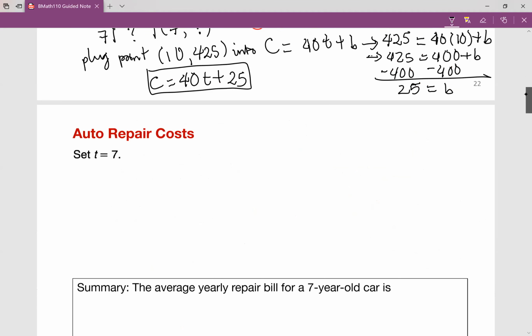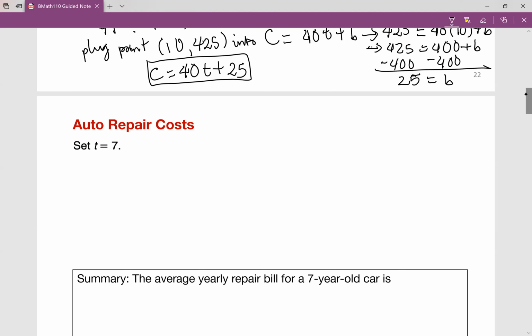So in order to estimate at T at 7 years old, we're gonna set T equals 7 and plug into the equation C equal to 40 T plus 25.